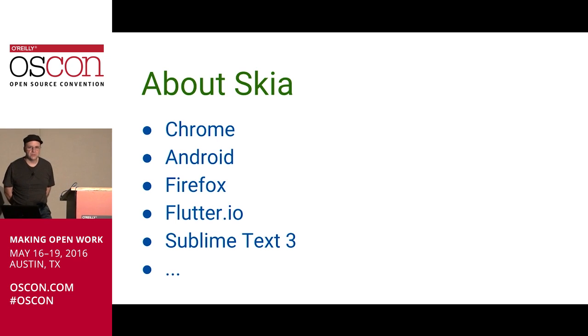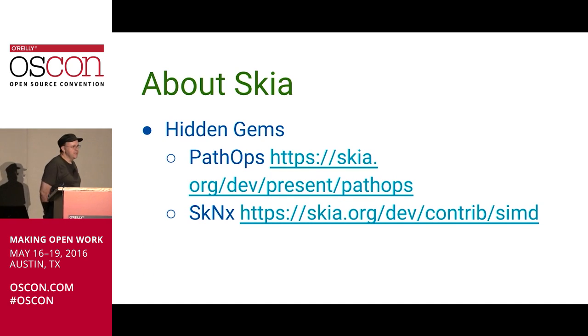The nice part about being open source is you just never quite know who's going to use you until you get bug reports. Inside the Skia library, there are some things that a lot of people don't know about. Some of those things are path-ops, and there's a link there to those presentations, and SKNX.